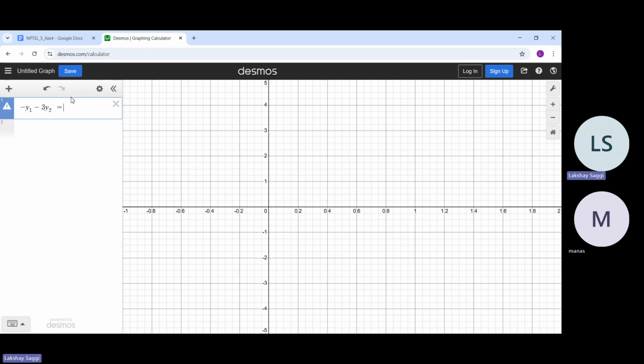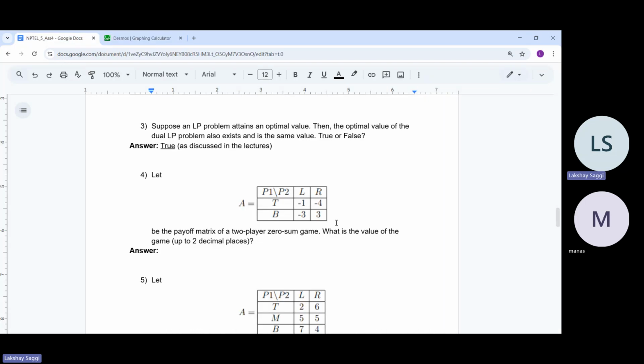Maybe I should not write it like this because it might get a bit confusing. So note that what we want here is, if y1 is 0, what will be the line corresponding to the first column? What we are saying is if y1 is 0, then the plot should go through the point minus 3.